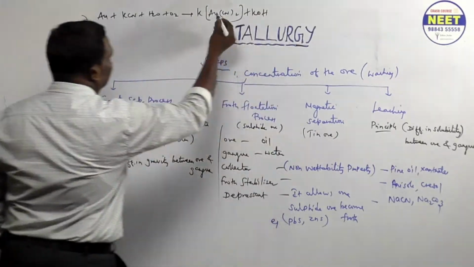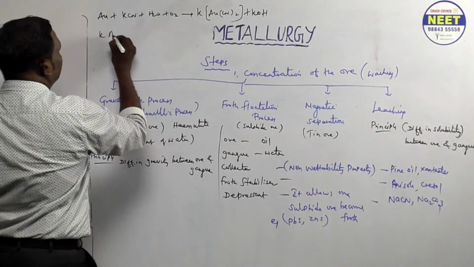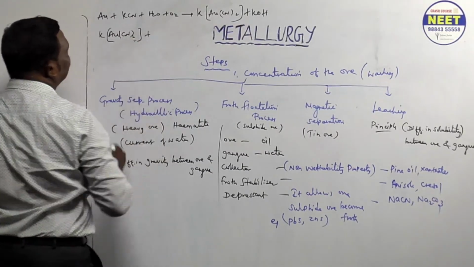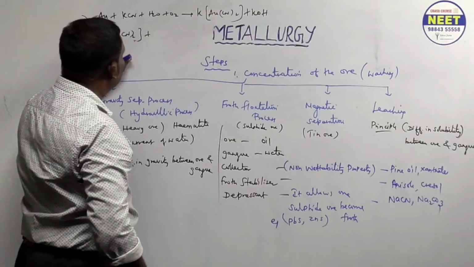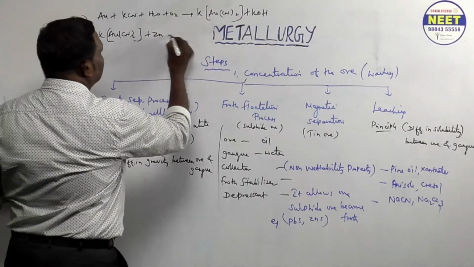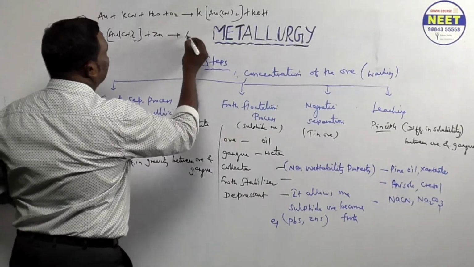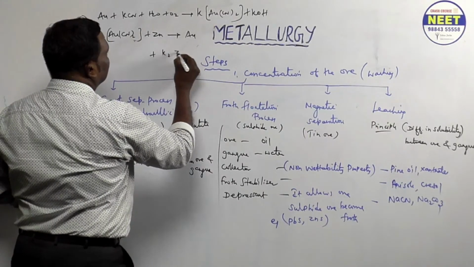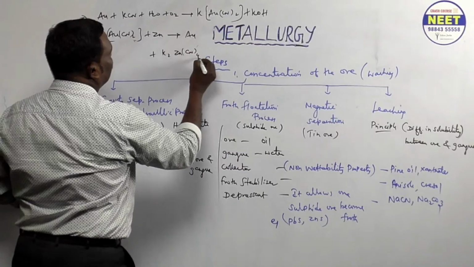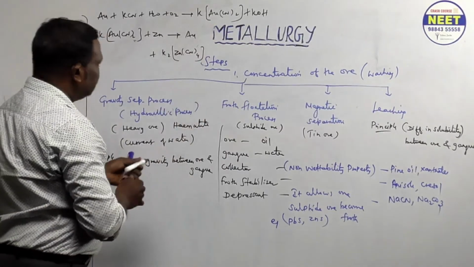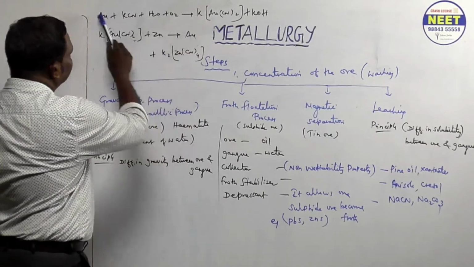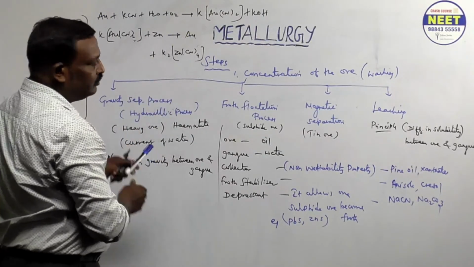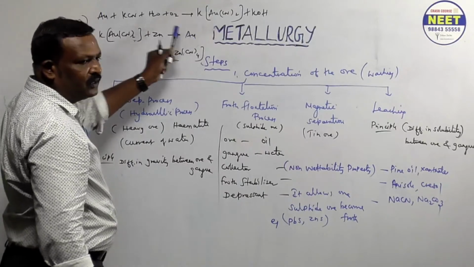Then again take the left hand side, K[Au(CN)2]. Understood? Our aim is to get only gold. Zinc is added. What we get is gold plus K2[Zn(CN)4]. See, what's the difference between this and this? This is also gold, this is also gold.